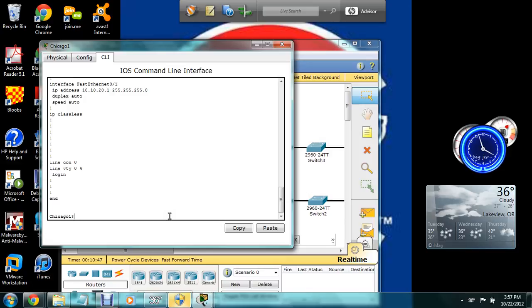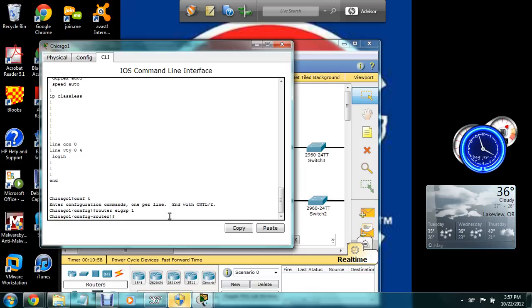So what we'll do is we will go to our global configuration mode, and then we'll go into router EIGRP 1, and then we're going to set up our autonomous system number as 10.